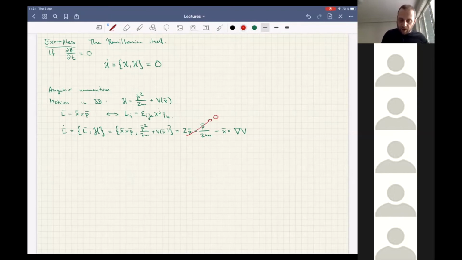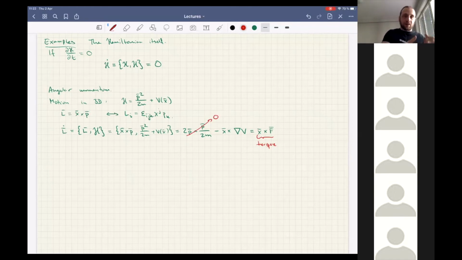And if we look at what's left here, minus gradient of V, well, that's the force that's acting on the particle. So what we end up with is x cross F, and you might recognize this as the torque. In particular, if the potential is a central potential, so it depends only on the radius, then this force is going to be in the radial direction.